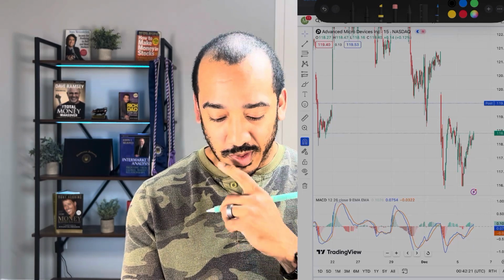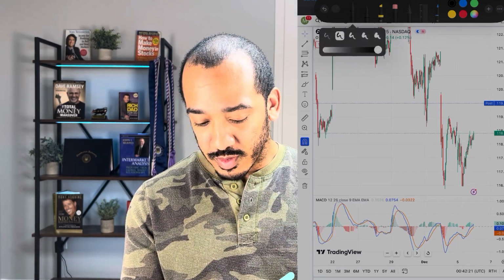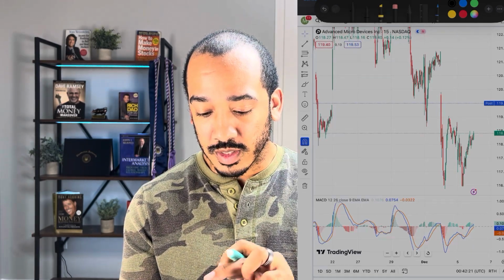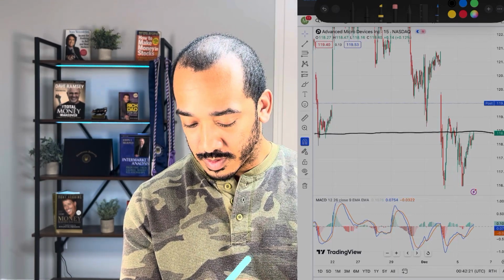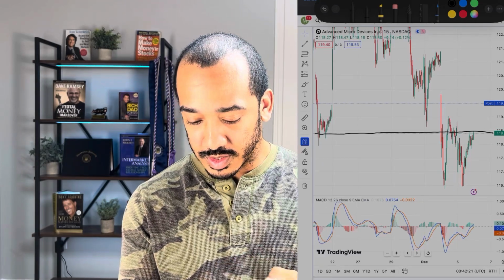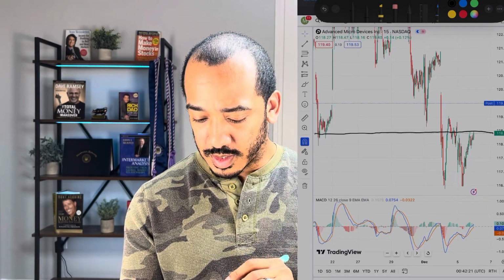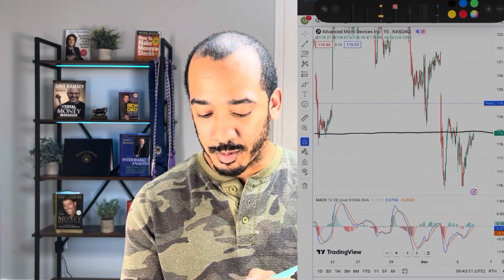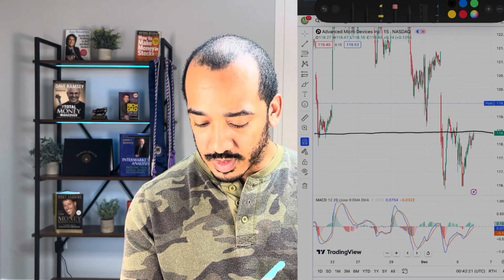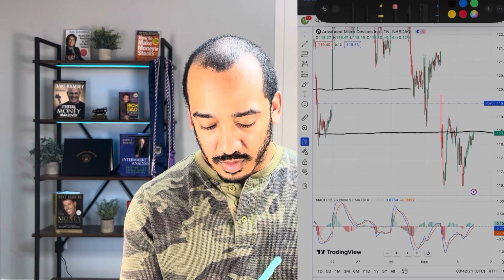Now, I'm gonna go over some levels of resistance. Where we at currently looks like a level of resistance. So that could be one area where the stock stops at, but because it's higher than that already at post-market, I don't even think that's really a level of resistance.